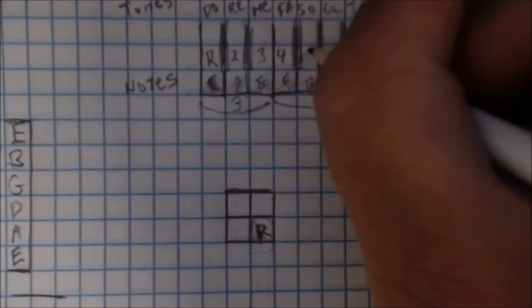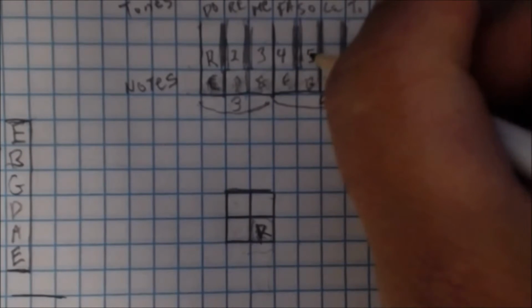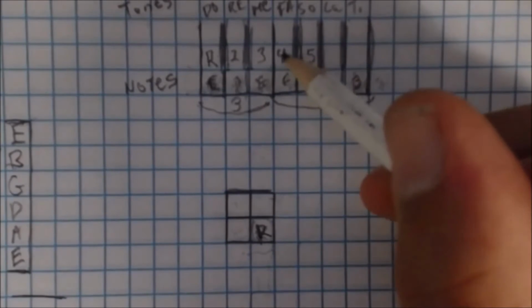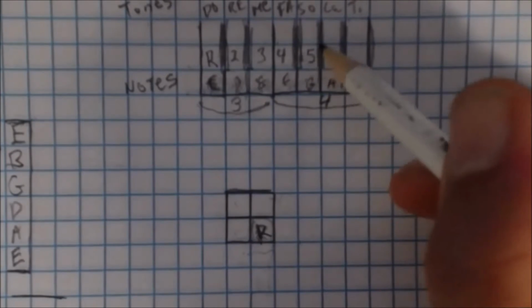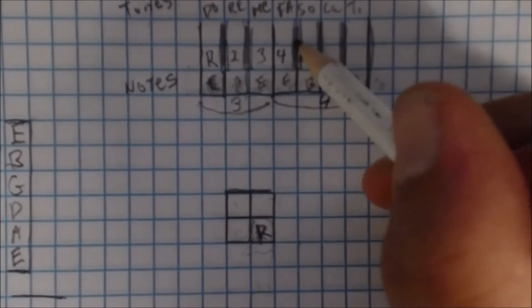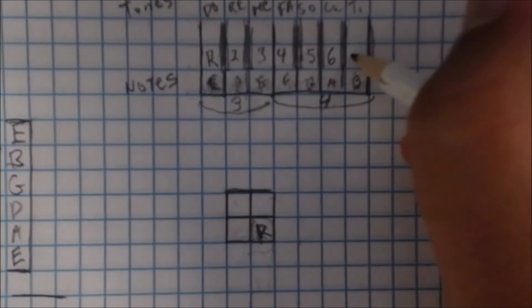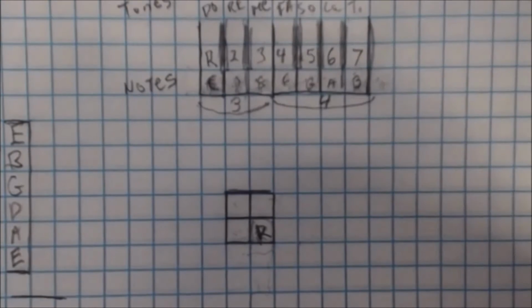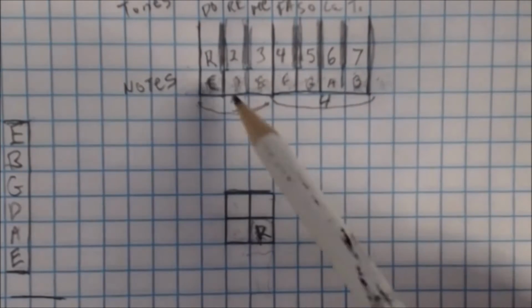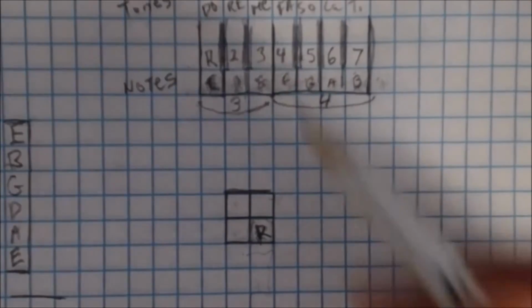This is your fifth, with the black keys being the flat fifth and the sharp fifth. So fourth, flat fifth, fifth, sharp fifth, and then your sixth, flat seven, and seven. And that's the interval chart.